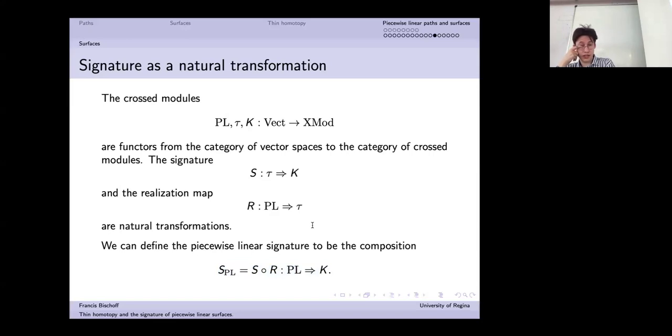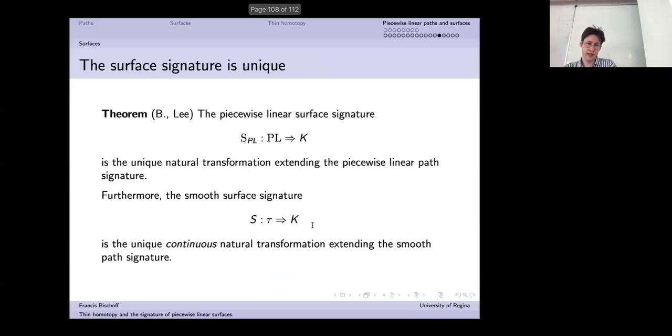Okay, and then the theorem, which is similar to what I explained before, is that the piecewise linear surface signature is the unique natural transformation that extends the piecewise linear path signature. And then as a result, the smooth surface signature is the unique continuous natural transformation that extends the smooth path signature.